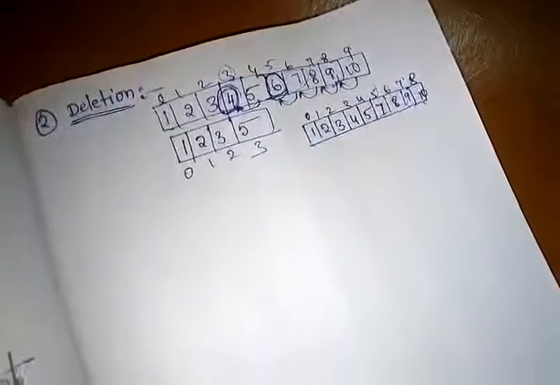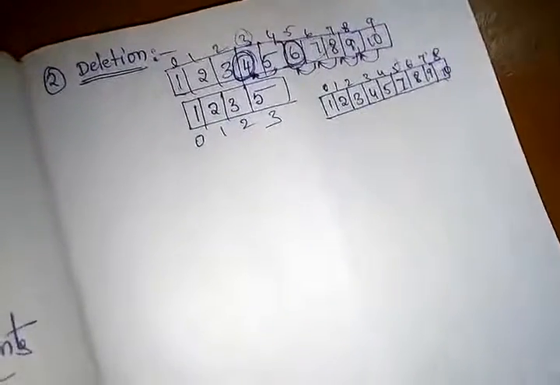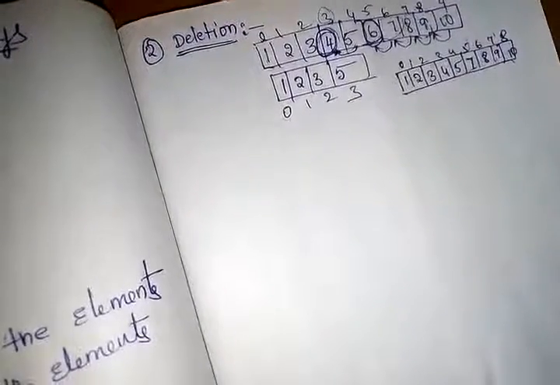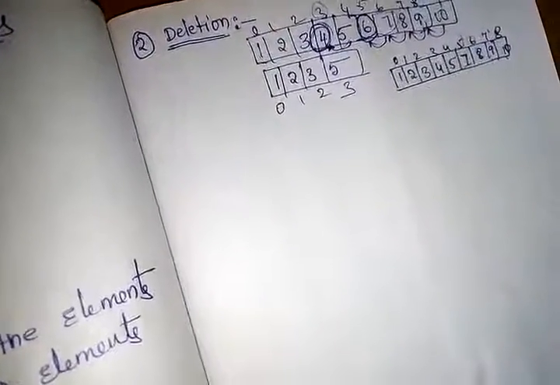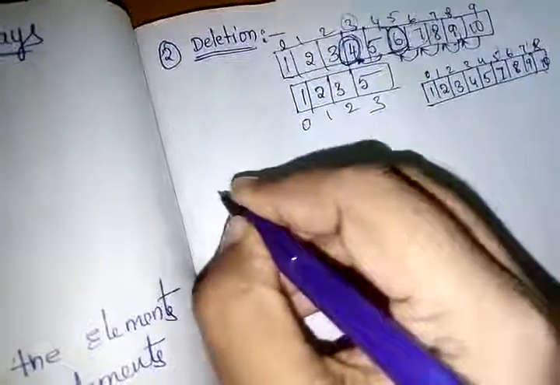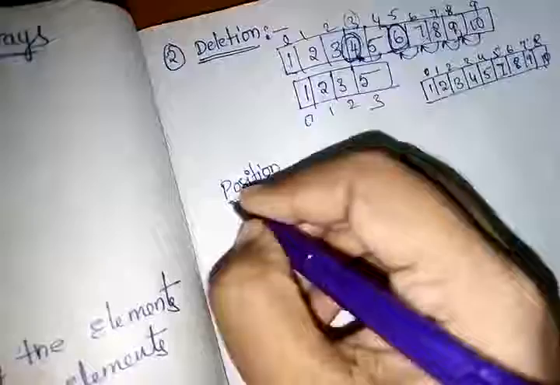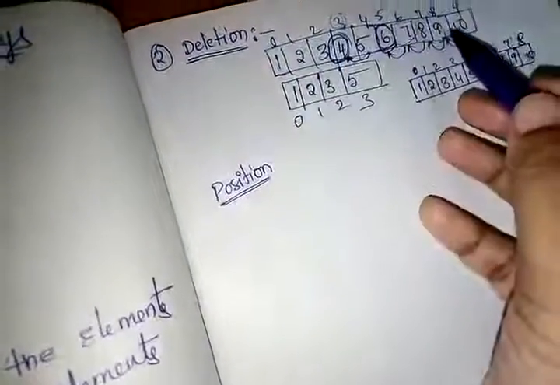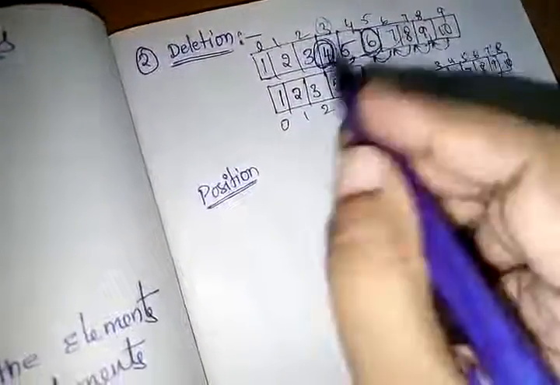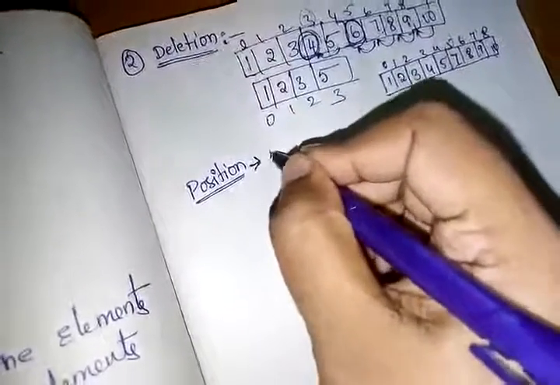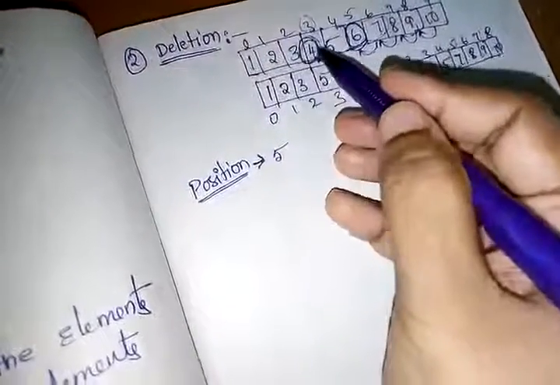Now let us write an example program that takes all the elements from the user into an array and asks the user for the position to delete. Say for example, you have 10 elements and I'm giving position 5, that is 1 2 3 4 5.